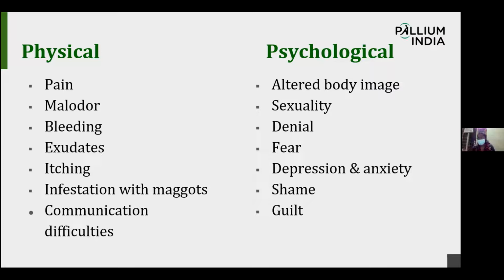And exudate: usually there is a lot of purulent discharge and watery discharge coming from this type of wound, because the wound itself has increased permeability of the blood vessels within the tumor, which can cause exudates. So we need to manage exudate well for this patient.